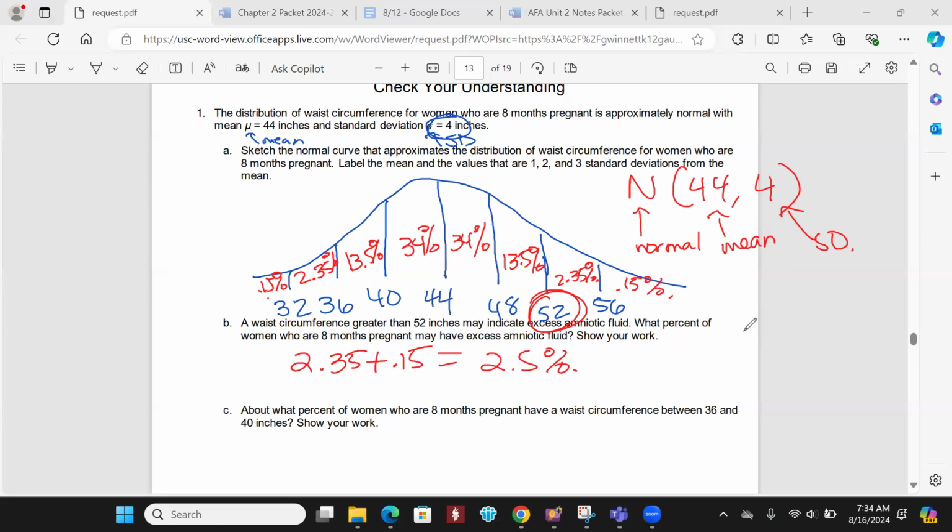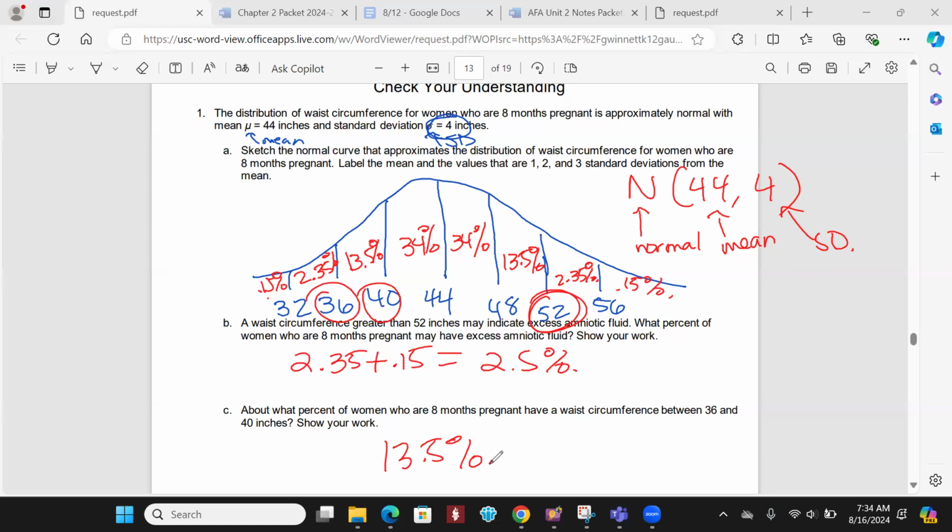About what percent of women who are 8 months pregnant have a waist circumference between 36 and 40 inches? 36 and 40 inches. How much? 13. Okay, 13.5. It always helps me to just draw the curve and then kind of go from there.